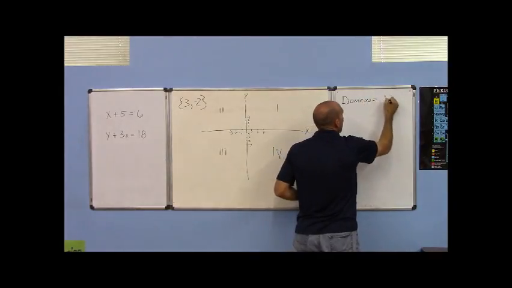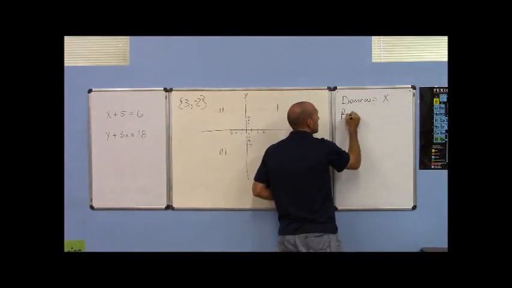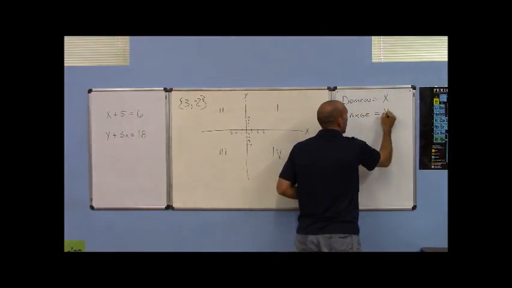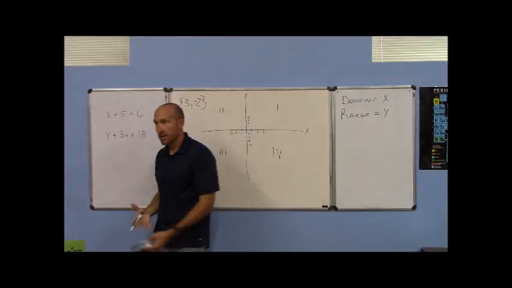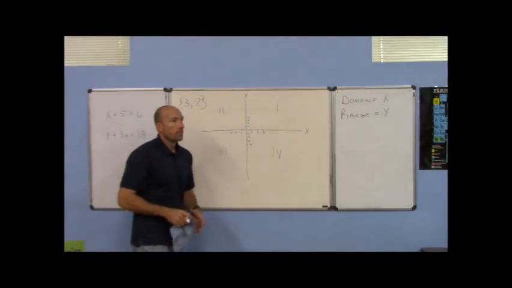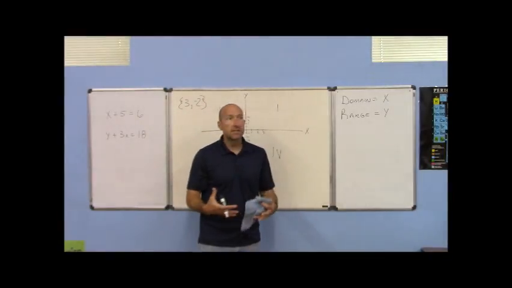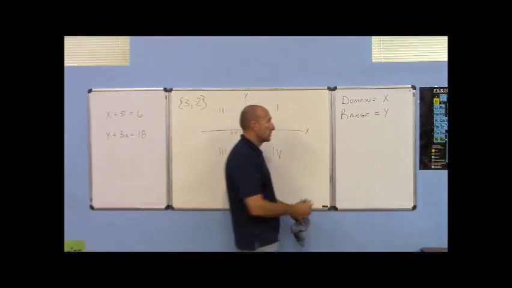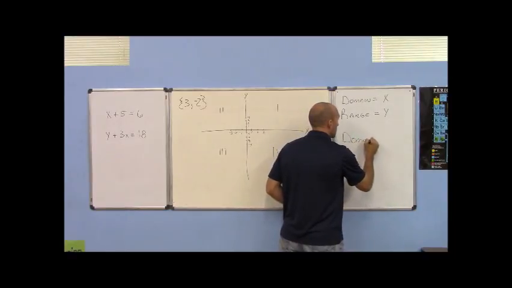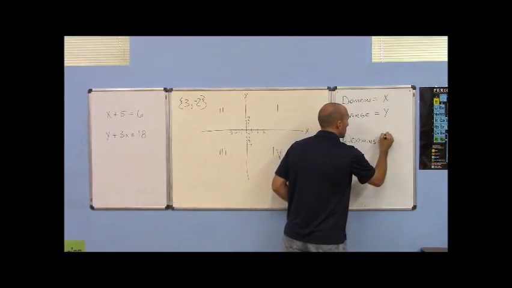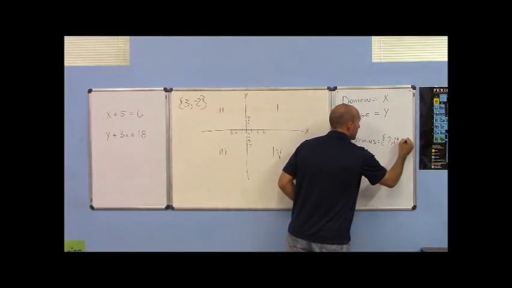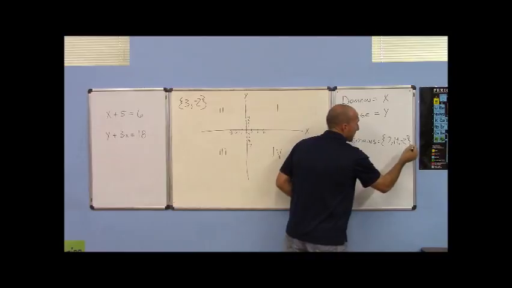Domain equals x. Range equals y. Just memorize that. Because if you were given a list of domains, so if it says your domains are 7, 19, -2, and let's say that's all they give you.